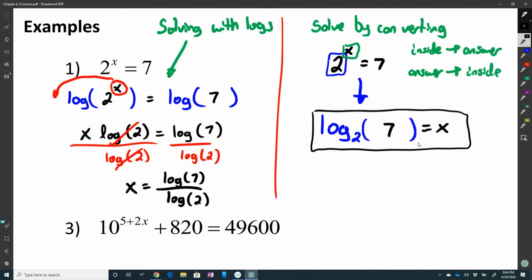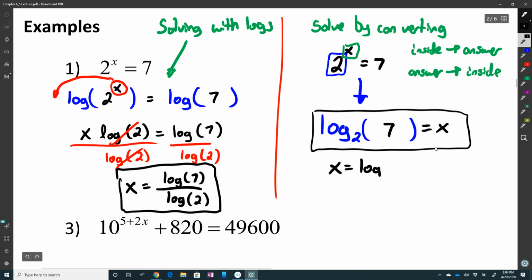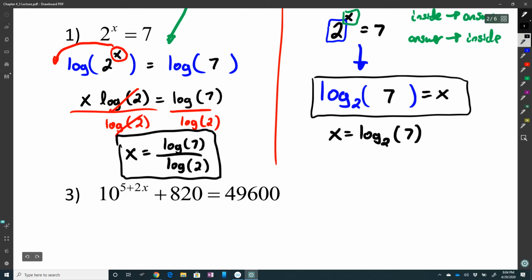Okay, so are these two things the same? Log of 7 over log of 2, and log base 2 of 7. These two are the same because of the change of base rule. Remember that we can always change the base to be log of 7.